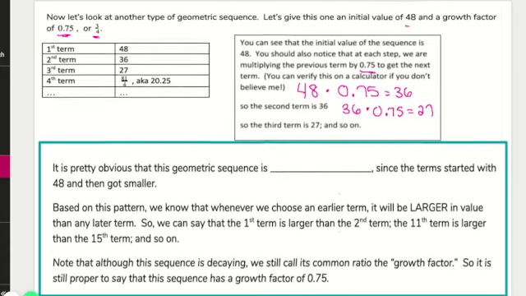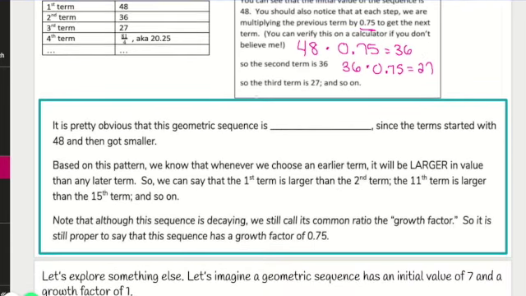So again, we're seeing that this geometric sequence is decreasing, since the terms started at 48 and then they got smaller. Based on this pattern, we know that whenever we choose an earlier term, it will be larger in value than any later term.